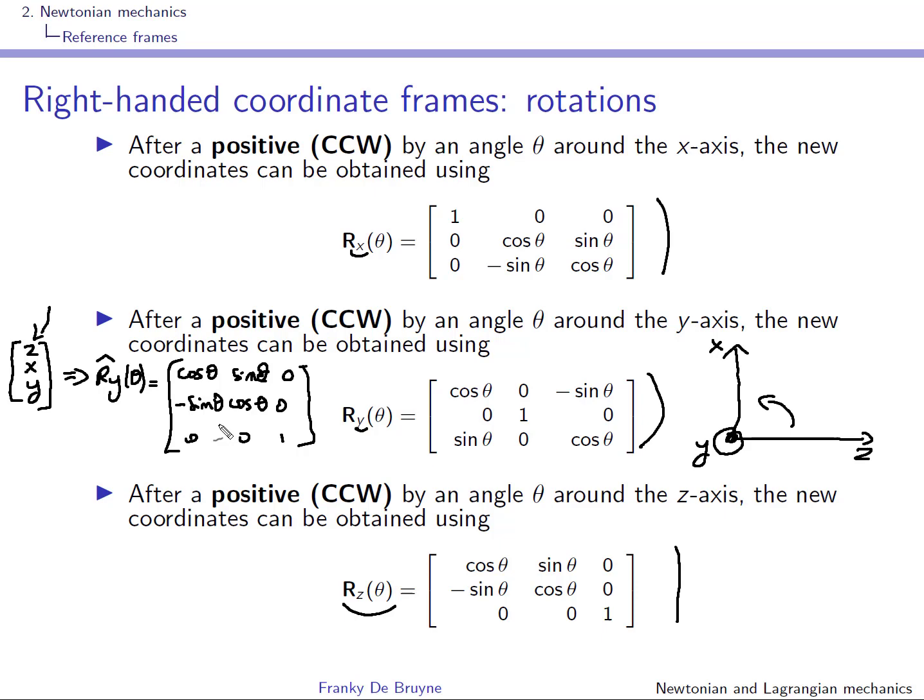Okay, so this is the rotation matrix if you have this order of the variables. Of course you have to reorder them to have the coordinates x, y, z, and if you do that you'll obtain this rotation matrix.